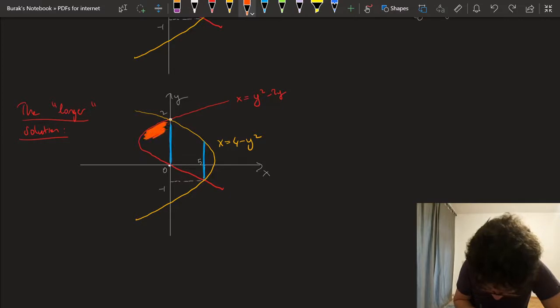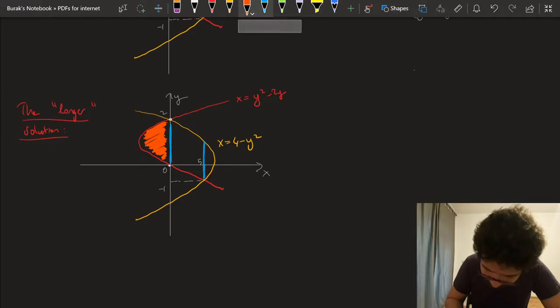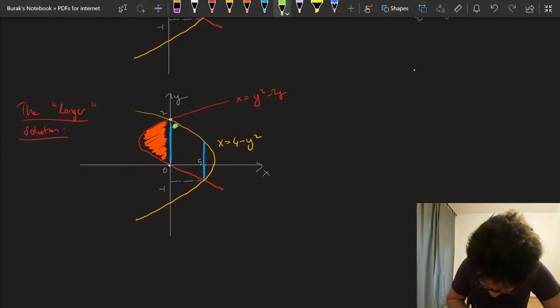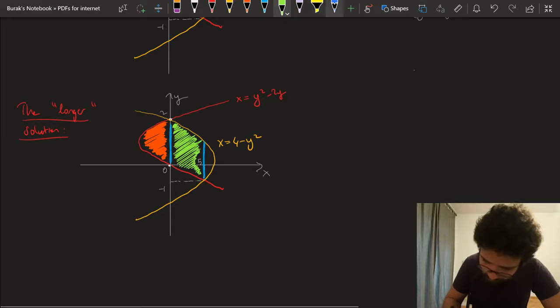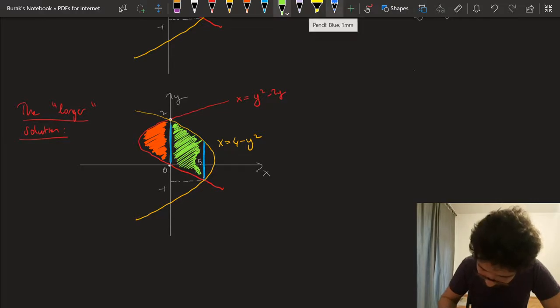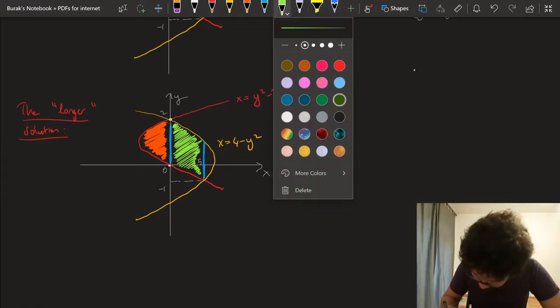So I have this part, and I have this part, and let's not use yellow, it's already used, and I have, okay, and another color, this part.